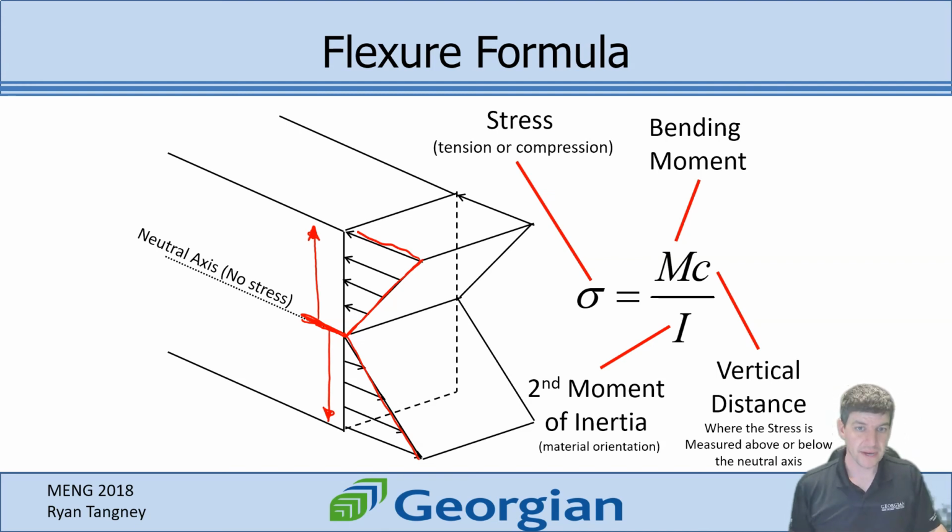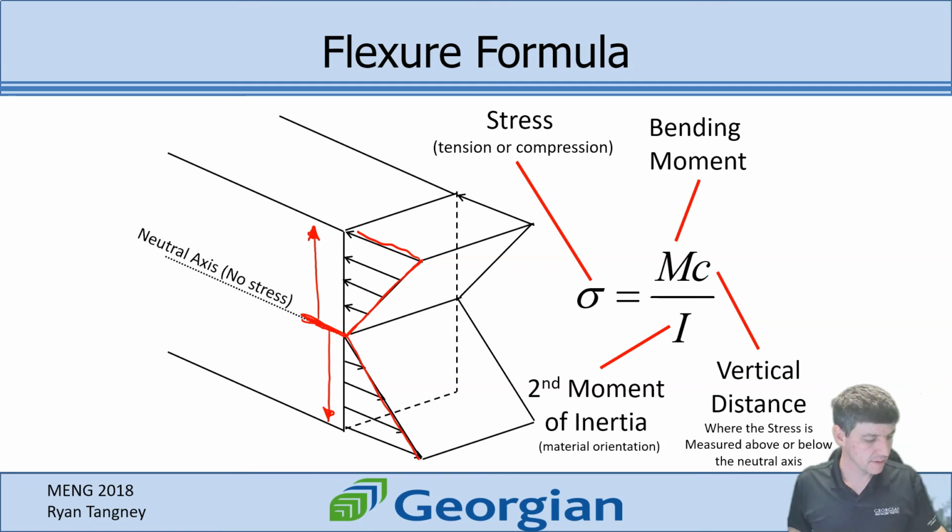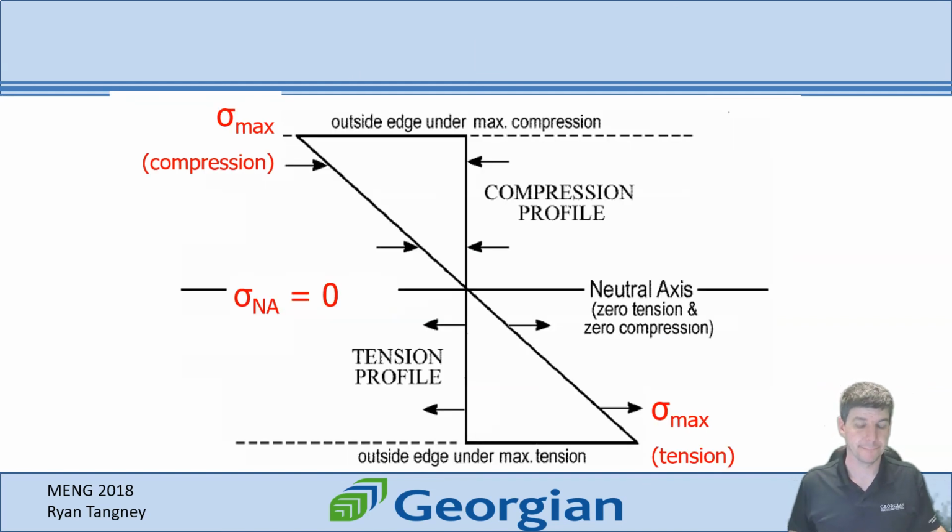So what that C tells us is that as I go to the outer surfaces, the top or bottom surfaces, I'm going to have my maximum stress. Okay, so maximum stress would be at the top, neutral axis, 0 stress, and maximum tension in the bottom.